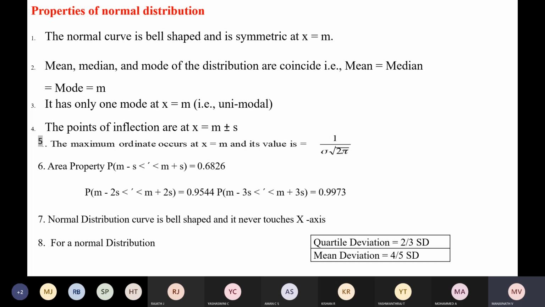Properties of normal distribution. This question is very important for examination for 10 marks. Explain the properties of normal distribution for 10 marks. Very, very important question.